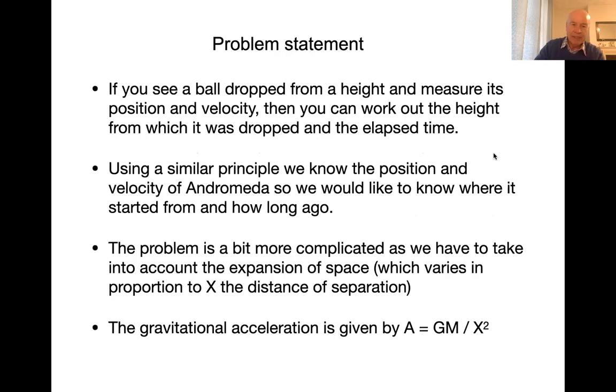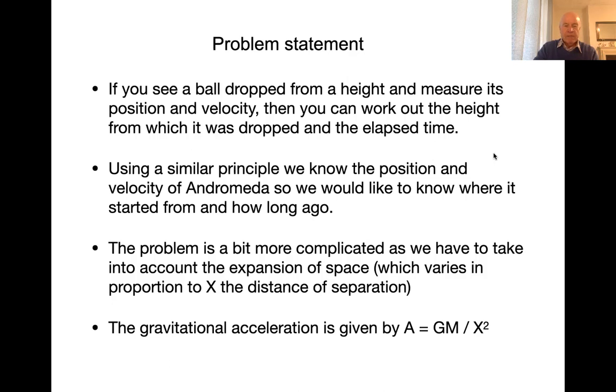Just to illustrate the point, if you imagine looking out of a window and you see a ball passing by, so that you can see the position and the velocity of that ball, you can work out the height from which it was dropped and the elapsed time. And we could use a similar principle because we know the position and velocity of Andromeda now, but we would like to know where it started and how long ago.